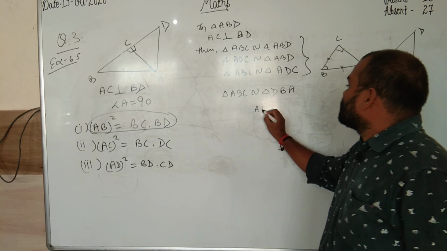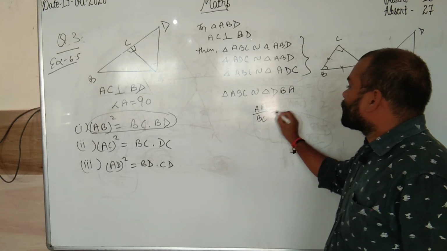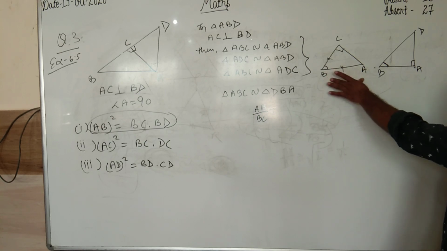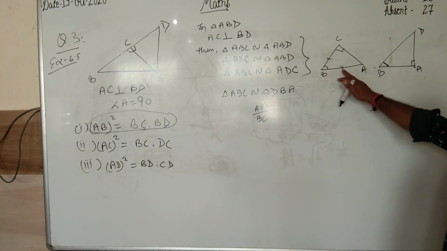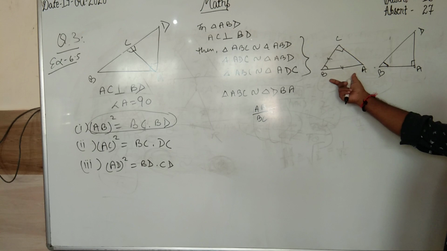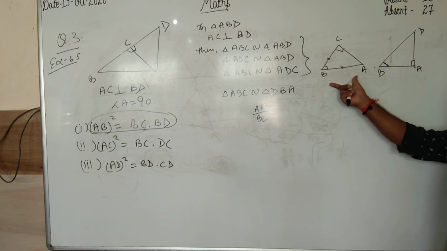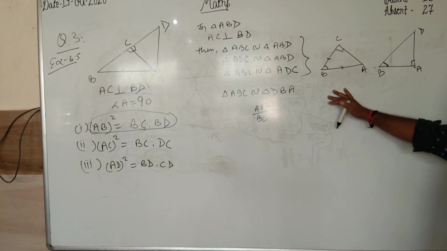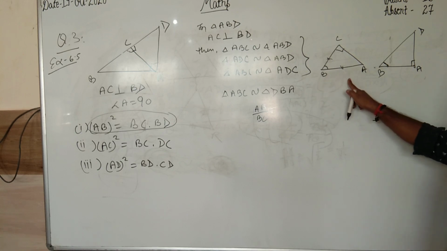Okay, now we need these two sides now in the first ratio. So we can take this AB by BC. Okay, what is the corresponding to AB? AB is the side which contains a common angle and third angle.